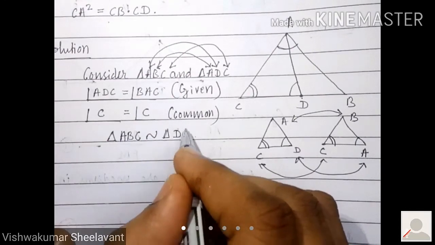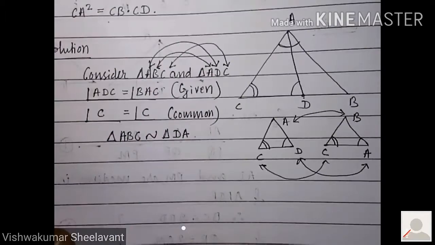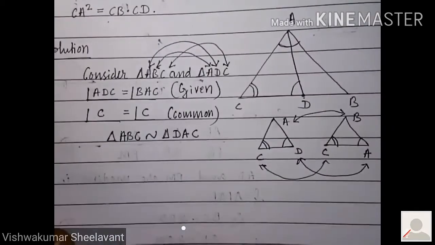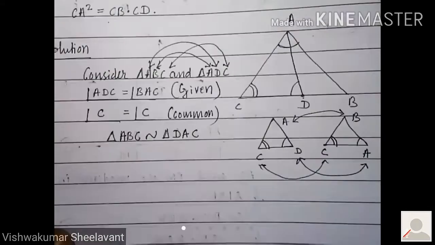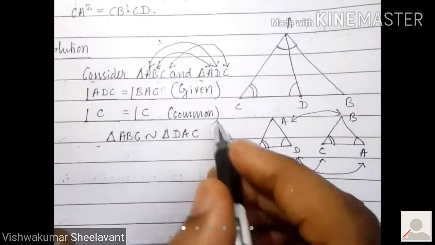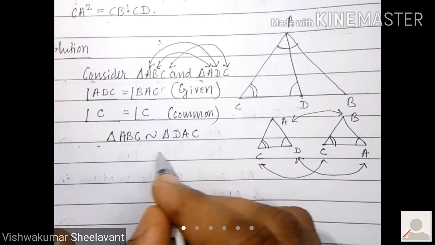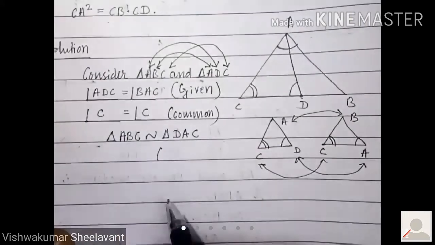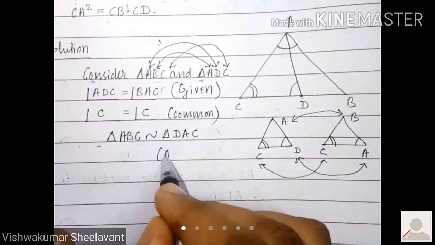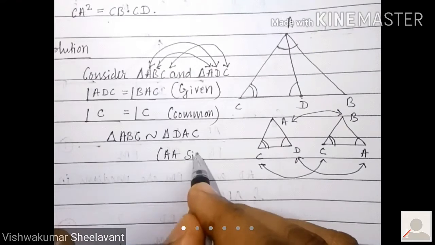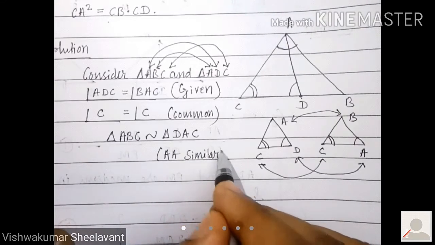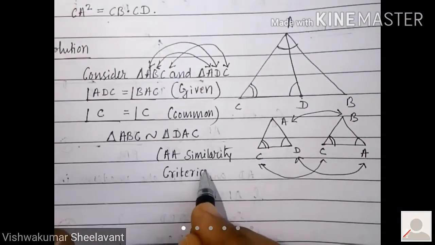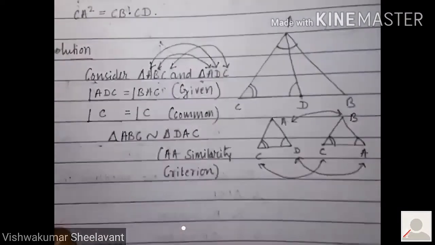So you write here A. And definitely C corresponds to C. Here we have shown. By what rule or by what similarity criterion two angles are equal? So write AA similarity criterion.